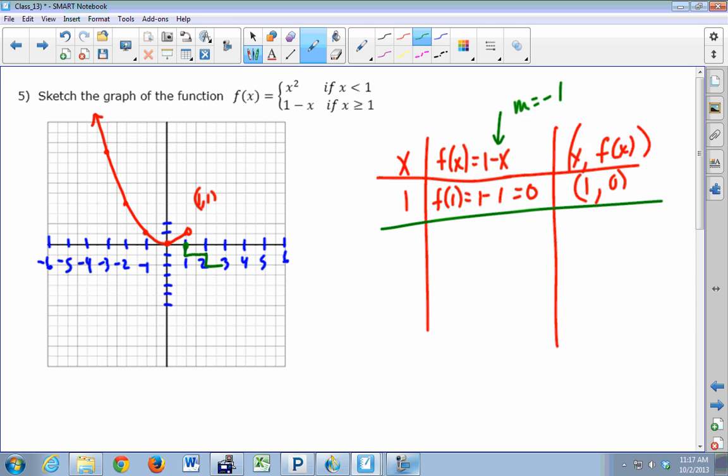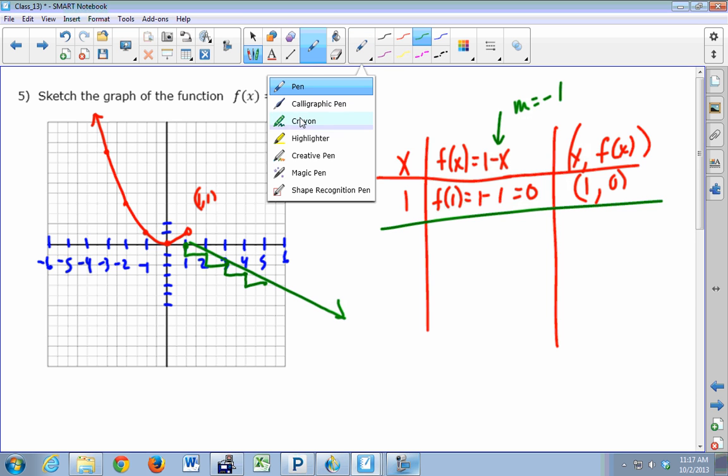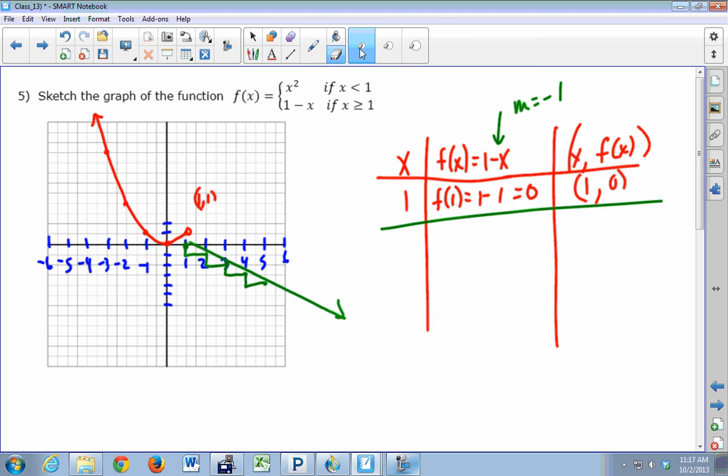Down 1 and to the right 1, forever and ever. So I just draw my line with a slope of -1 from that point out. And there I am. That's what my piecewise graph looks like.